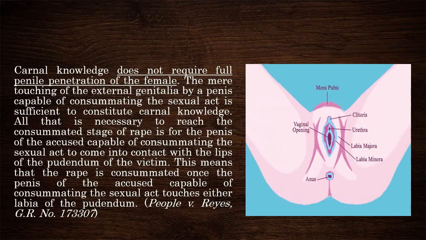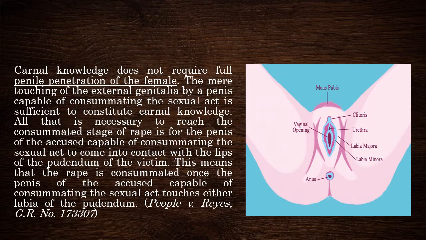Also take note that carnal knowledge does not require full penile penetration of the female. Hindi kailangang maipasok talaga yung ari ng lalaki dun sa ari ng babae. The mere touching of the external genitalia by a penis capable of consummating the sexual act is sufficient to constitute carnal knowledge.